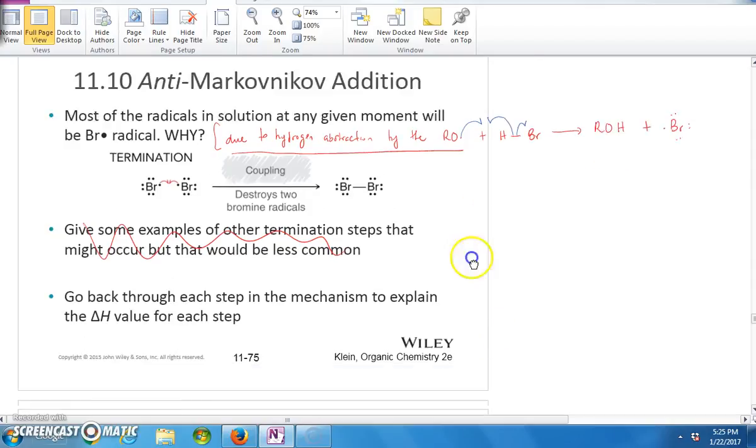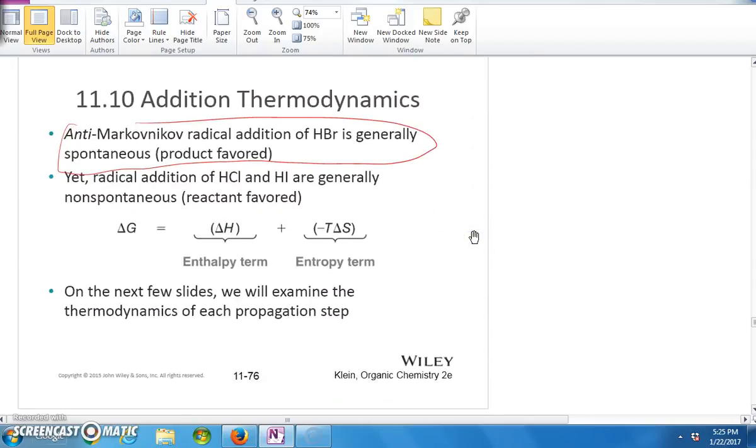Now, the anti-Markovnikov addition of HBr is generally spontaneous, or product favored. We already learned that. Yet, the radical addition of HCl and HI are generally non-spontaneous. And the answer to this is to look at the enthalpy change for the propagation steps of these reactions.